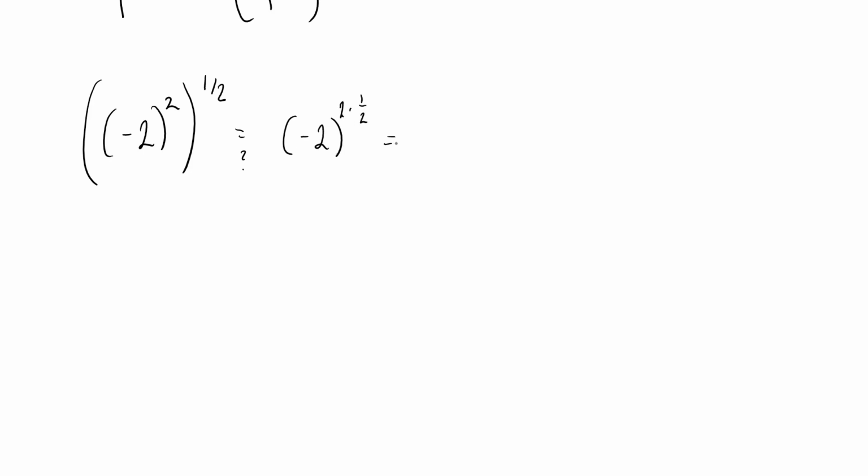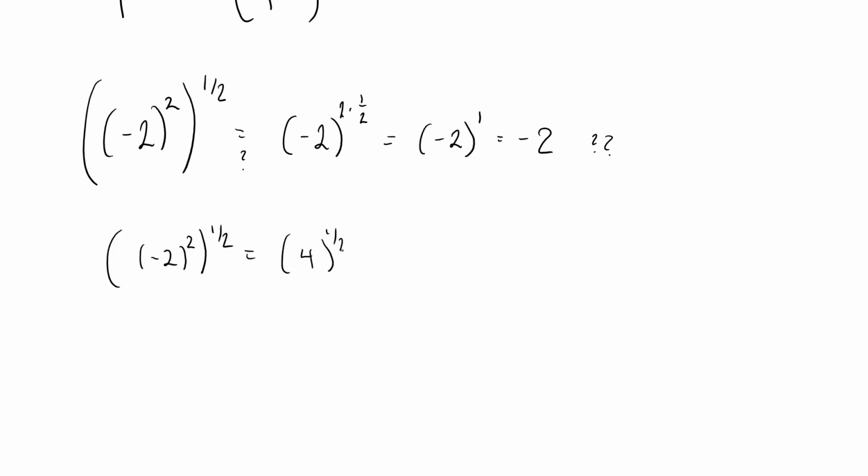For example, minus 2 squared raised to 1/2 would be equal to, according to the power rules, minus 2 raised to 2 times 1/2, which is minus 2 raised to 1 or minus 2. However, this is not the correct answer. Minus 2 squared is equal to 4, and 4 raised to 1/2 is 2.